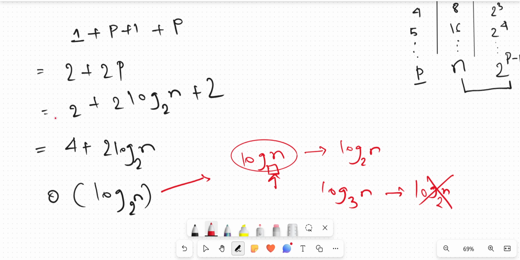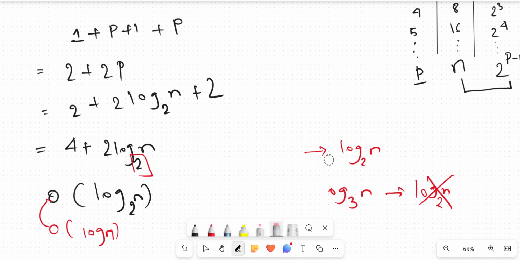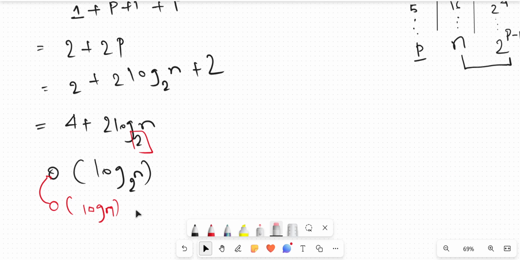So in this question, my base of this log is 2, but when you encounter an unknown log base, you have to write it specifically. So you cannot just write log n. If you write log n in this case only, where the base of log is 2, it's okay, you will get full marks. However, it actually depends on the faculty. If they really instructed you to write the base, you cannot help it. But in computer science, when we write log n, we understand that it is by default 2 base log n.